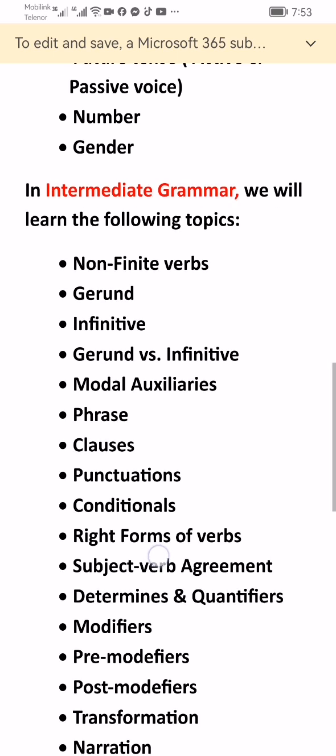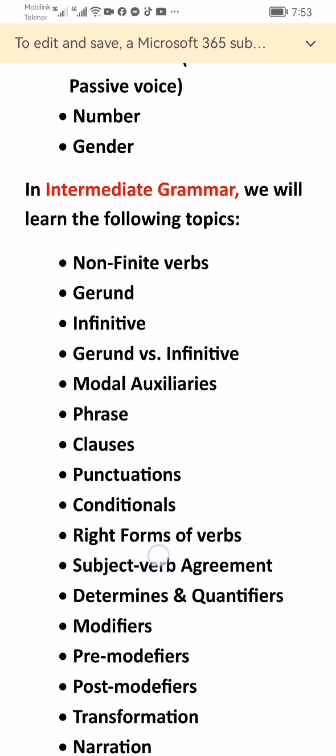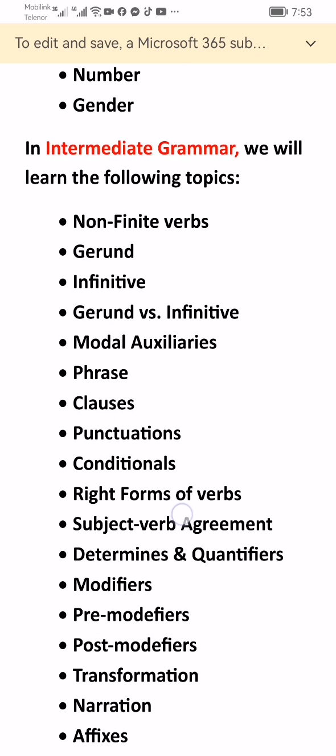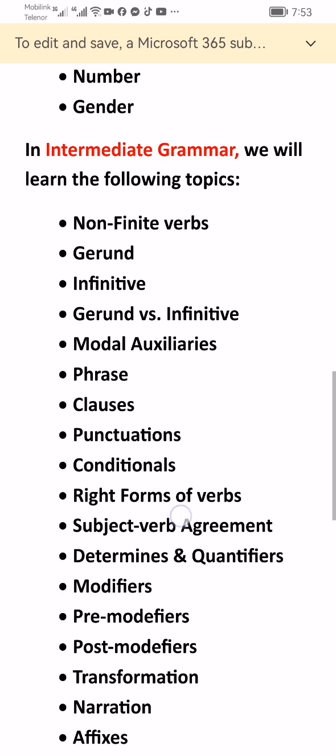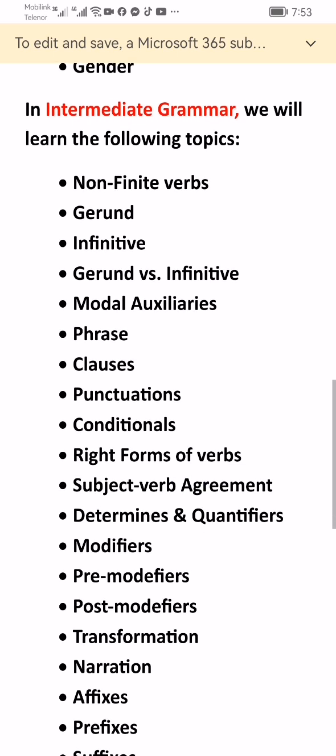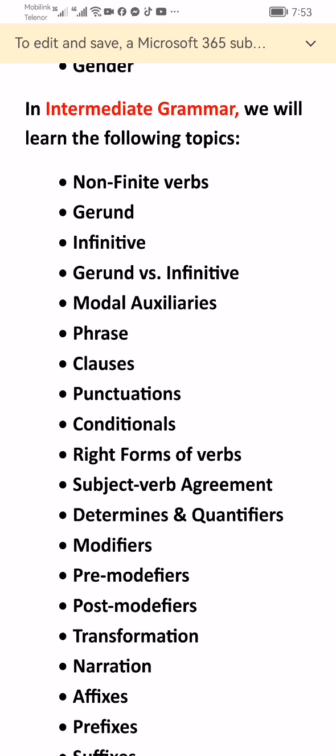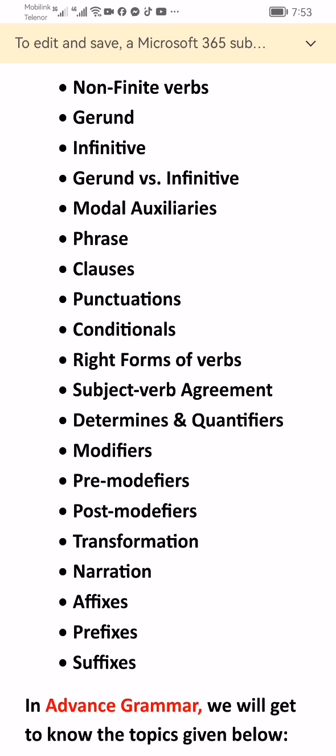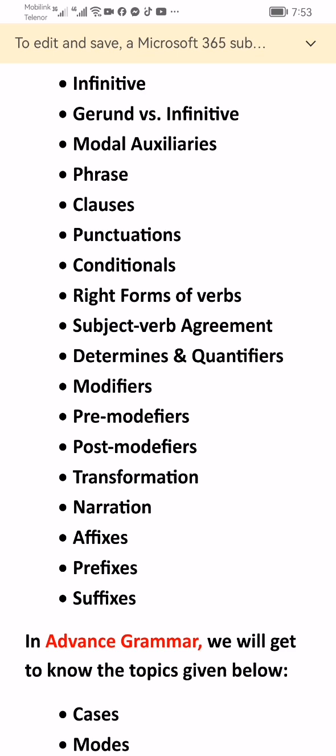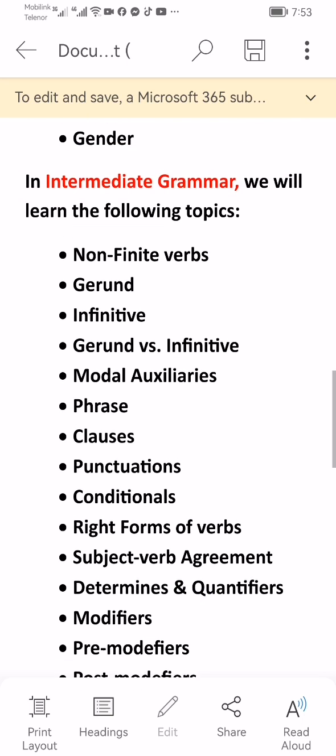Then we will learn gerund and infinitive, gerund vs infinitive, modal auxiliary verbs, phrases, clauses, punctuation, conditionals, right forms of verb, subject verb agreement, determiners and quantifiers, modifiers, pre-modifiers, post-modifiers, transformation, narration, affixes, and these two types of affixes, prefixes and suffixes. So we will learn all these things in intermediate grammar.